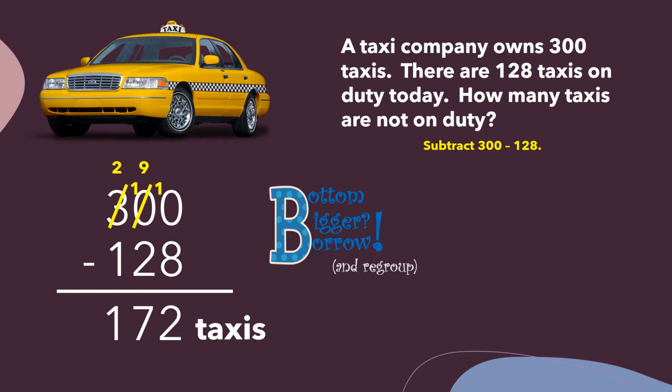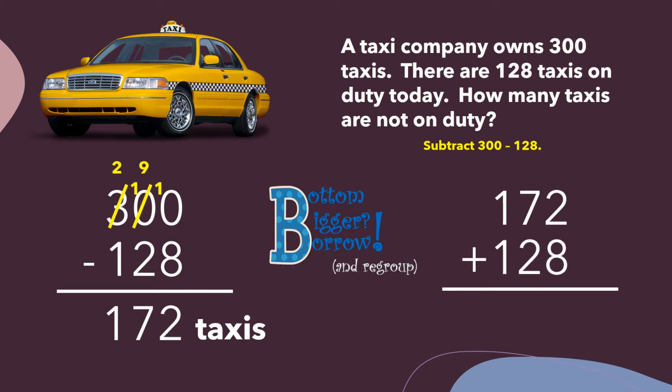But let's check our work. Remember, if I can subtract going down, I can add going up. So I'm going to add 172 plus 128 in the hopes that I get 300. Let's check it out. 2 plus 8 equals 10. Write my 0, carry my 1. 1 plus 7 plus 2 equals 10.